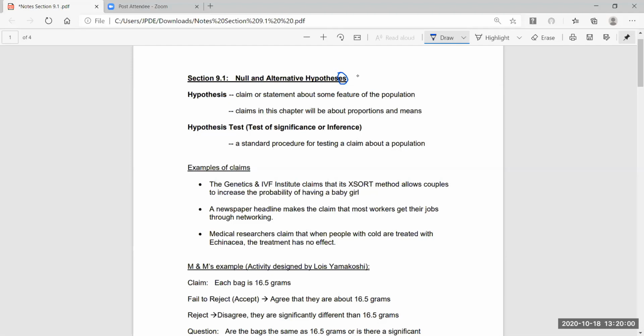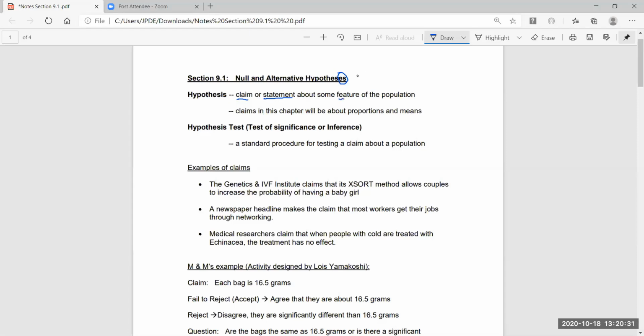A hypothesis you've probably heard of before. In science, a lot of times we talk about a hypothesis being an educated guess. For statistics, we're going to be a little more specific with our term. The hypothesis is going to be a claim or statement about some feature of the population.